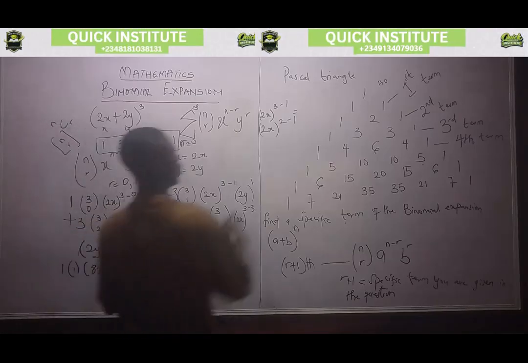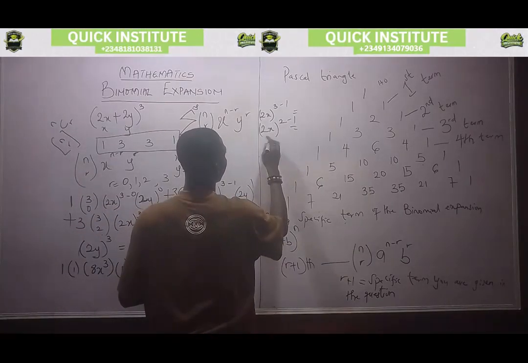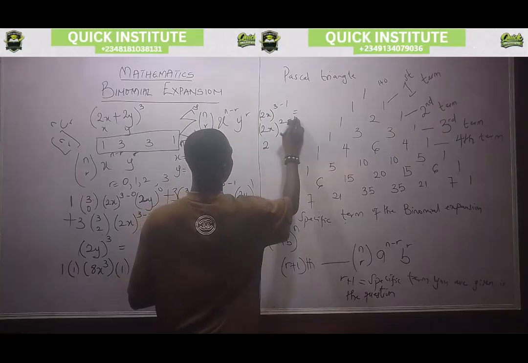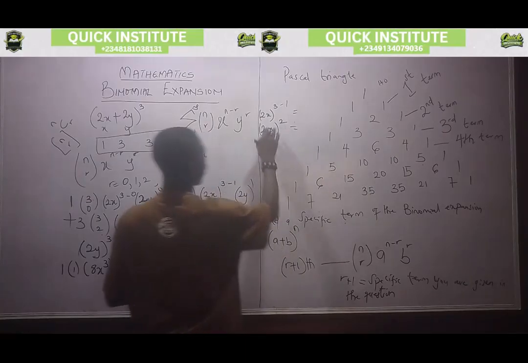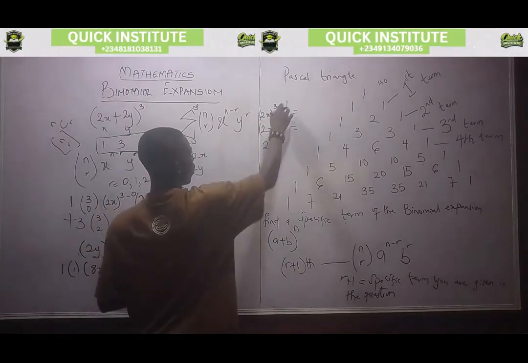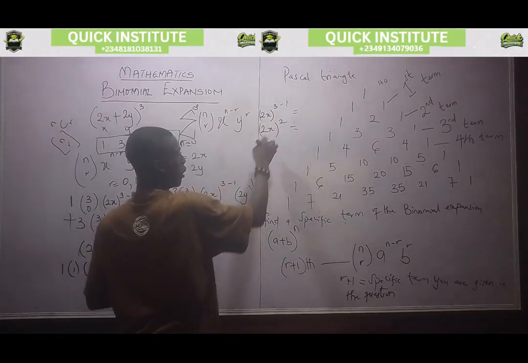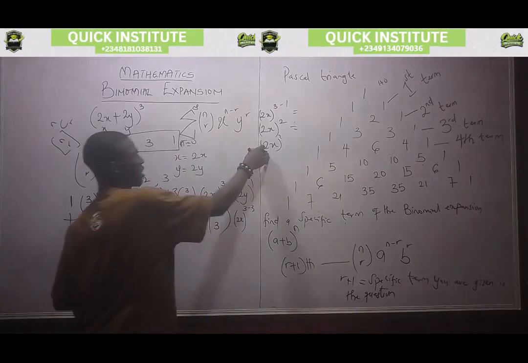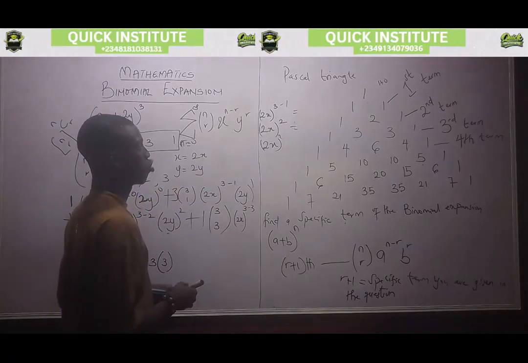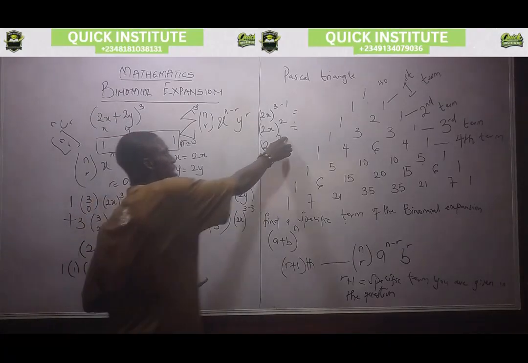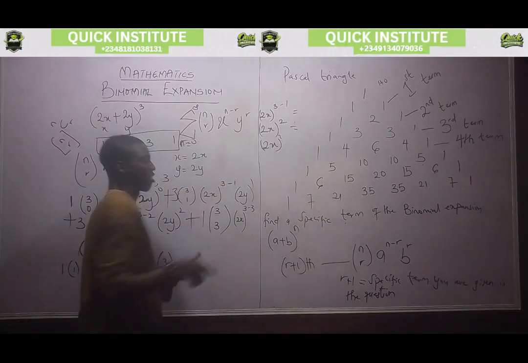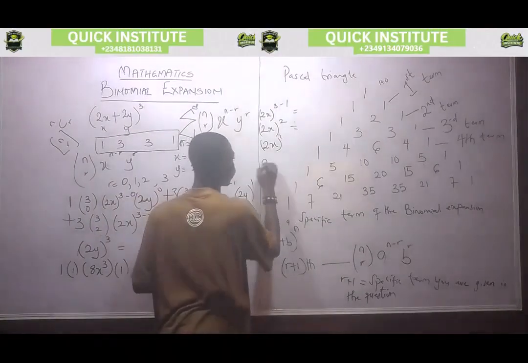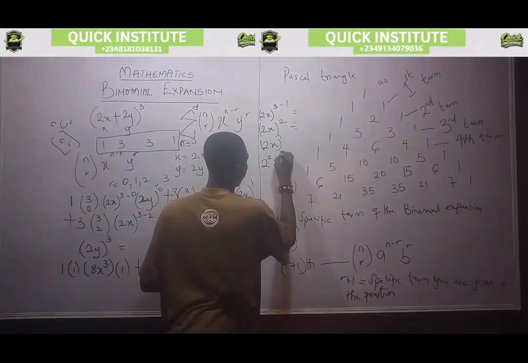If you have this one, it can be simplified to 2x to the power 2, since 3 minus 1 is 2. The square is distributed to both 2 and x. So now we have 2 to the power 2, x to the power 2.